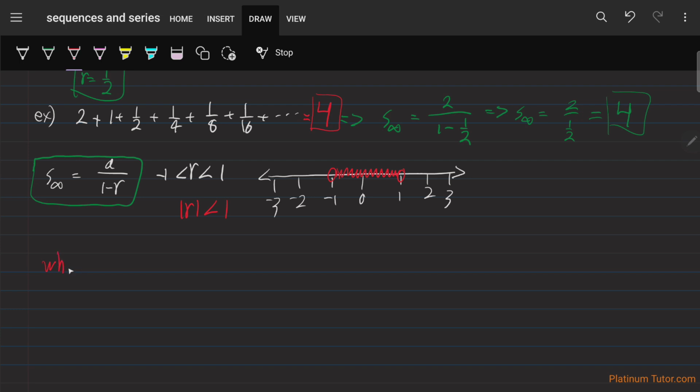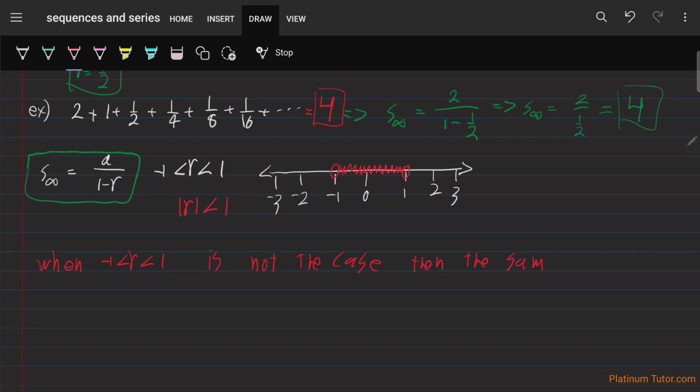When R, or let's say when this is not the case, so when R is greater than or equal to 1, or less than or equal to -1, then the sum is said to be divergent.